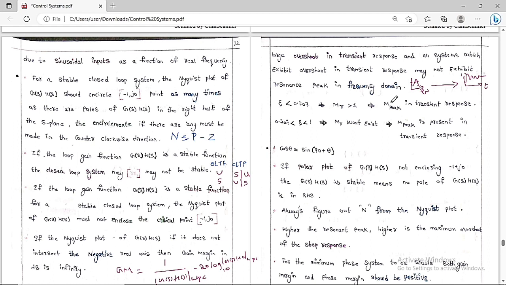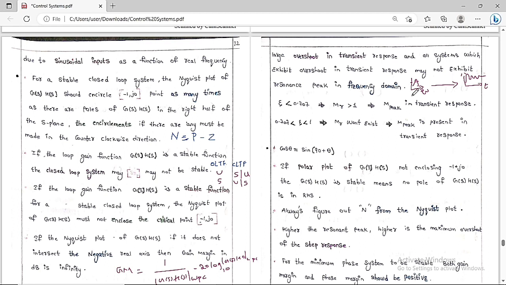So we can say a large resonant peak in the frequency response corresponds to a large overshoot in the transient response. And all systems which exhibit overshoot in the transient response may not exhibit a resonant peak in the frequency domain. This you always have to keep in mind. If in the frequency domain you have a resonant peak, then by default we can say yes, there is a peak in the transient response in the time domain also.